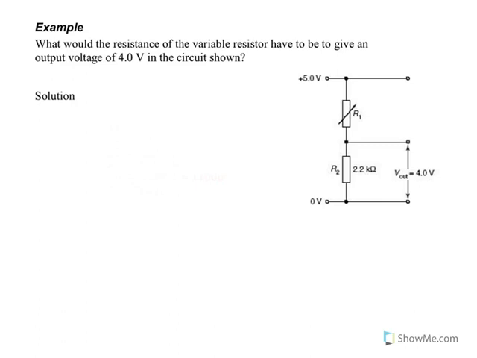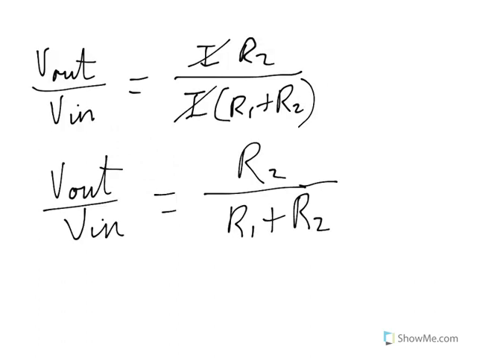Okay, so here's the example. We'll go back to the next page here. I mentioned that there's an error in my notes. I've got I on the top over R1 plus R2. That is incorrect. This one here is correct.